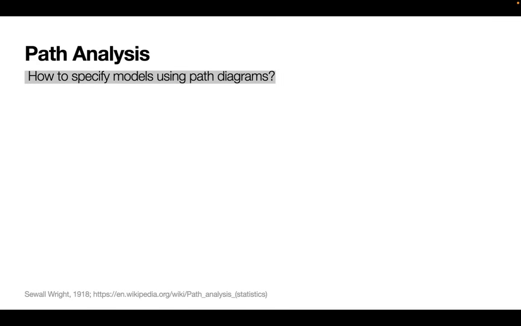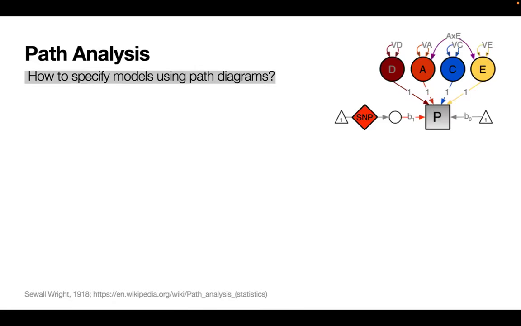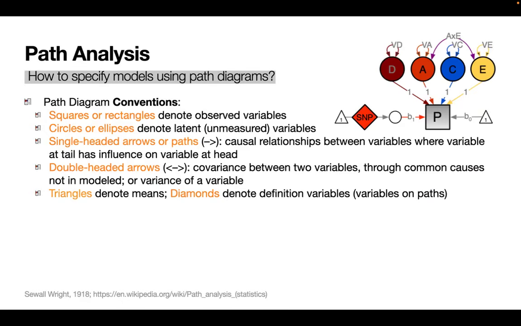Before we turn this into a structural equation or a SEM model, let's introduce the method of path analysis, as it provides a rather intuitive way to present a model. So how do we specify models using path diagrams? Here is just an example of a path diagram where we follow a certain number of conventions.